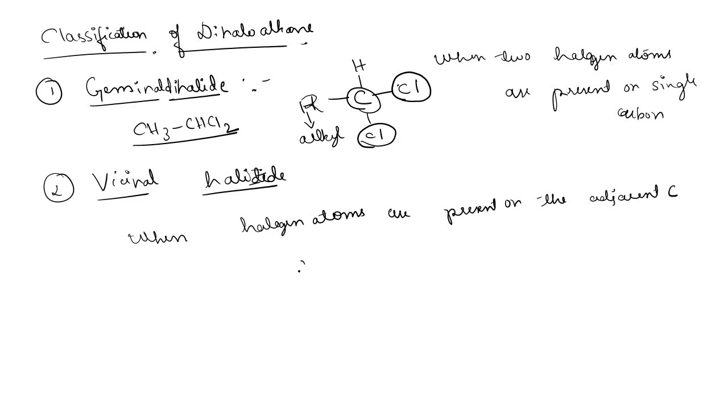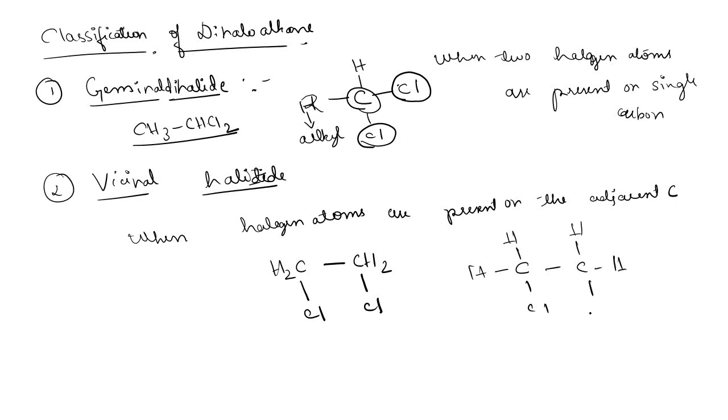For example, CH2 with one halogen atom here and one halogen atom here. Basically the structure looks like this: Cl, CH, H, Cl. When the halogen atoms are present on adjacent carbons, we call it a vicinal dihalide.